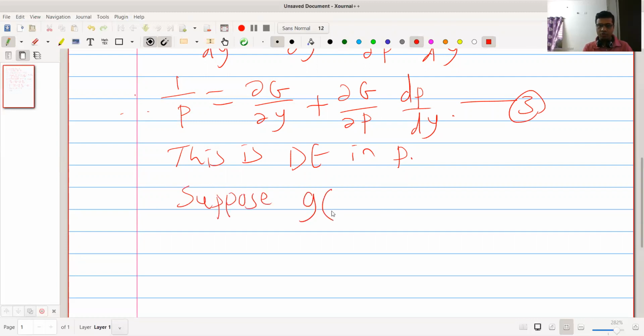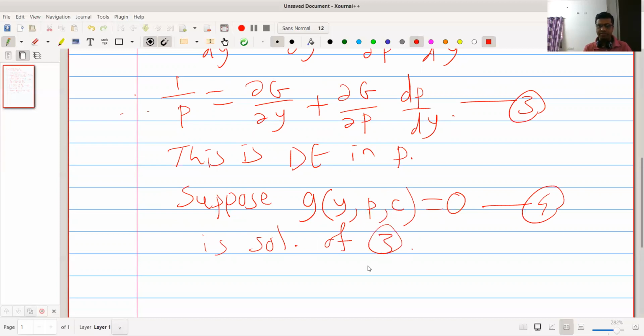So this is dp by dy, p in variable y. So it is in y, p and arbitrary constant c. So solution of 3 is relation between y, p and arbitrary constant c. Suppose this is solution of 3.